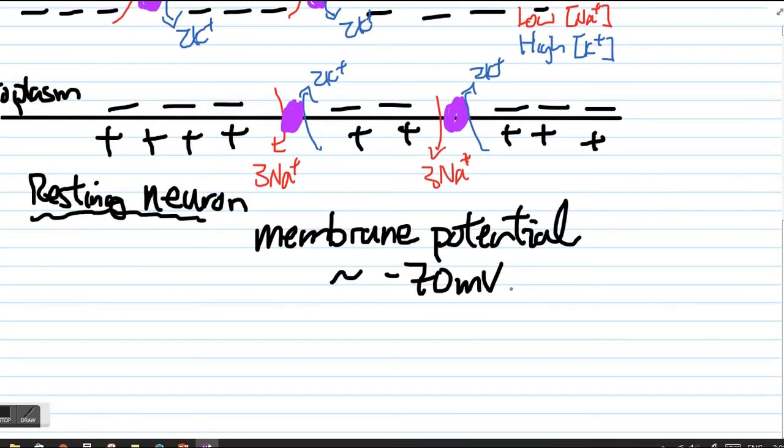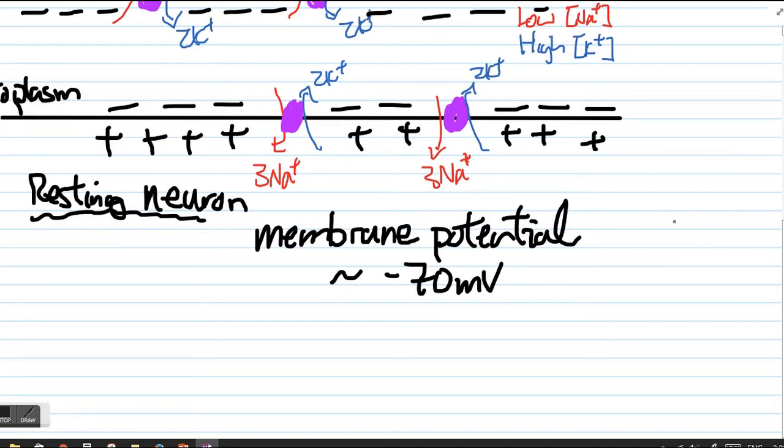All right, so voltage is a measurement of charge difference between 2 points, and because the charge difference is very small across the membrane, it's measured in millivolts, right? There are 1000 millivolts in a volt.